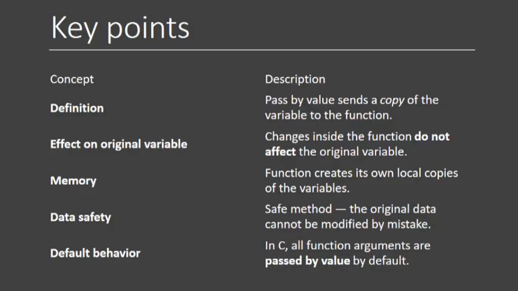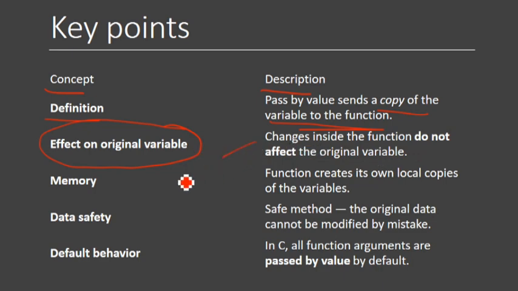Key points about the pass by value concept. Definition: pass by value sends a copy of the variable to the function. Effect on original data: the original data doesn't change. Changes inside the function do not affect the original variable.